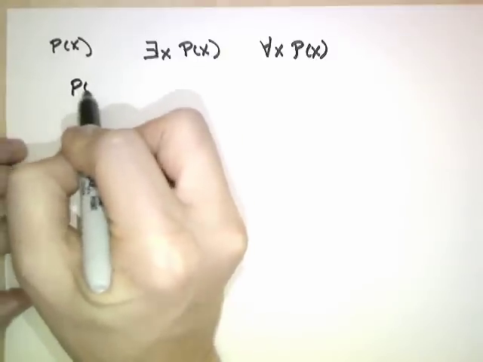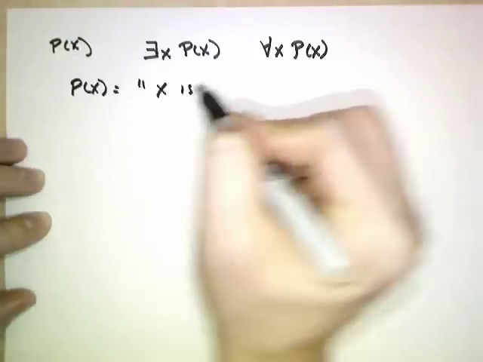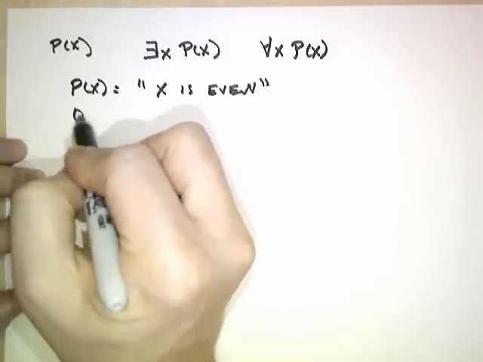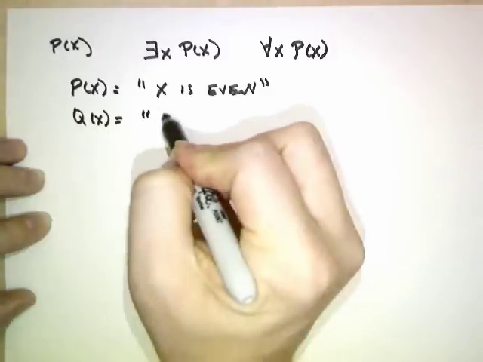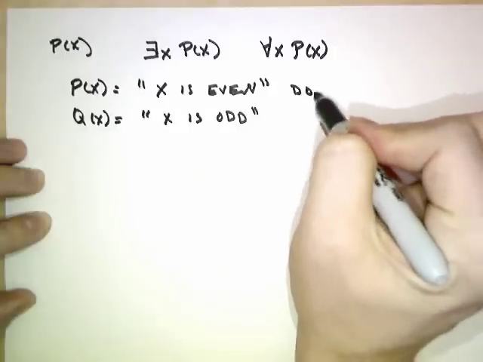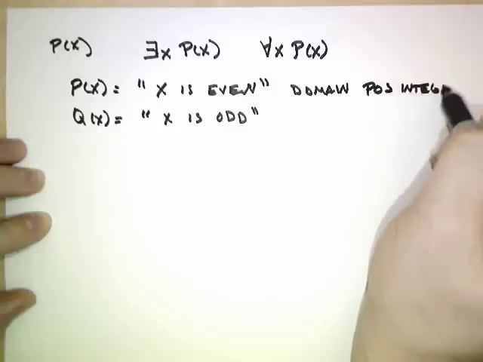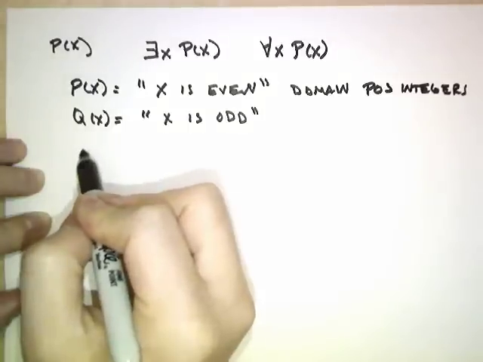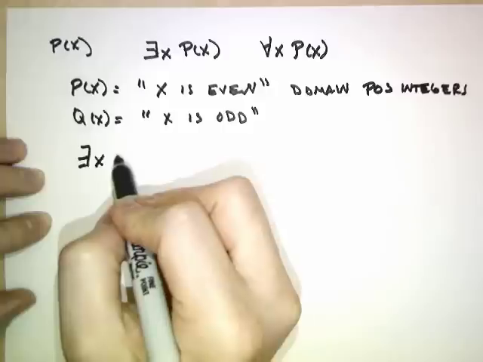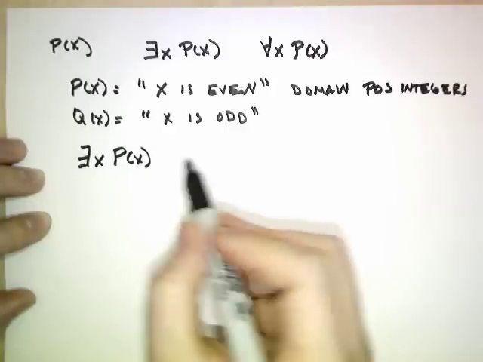Okay, so let's write p of x as x is even. And let's write another predicate, q of x, where x is odd. And let's say the domain is positive integers. Okay, so how about the following? There exists an x, p of x. Okay, this is true.